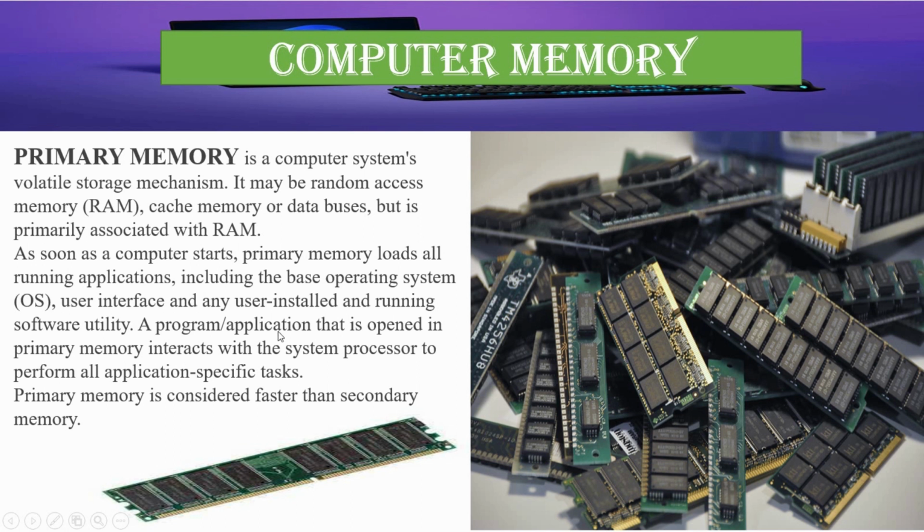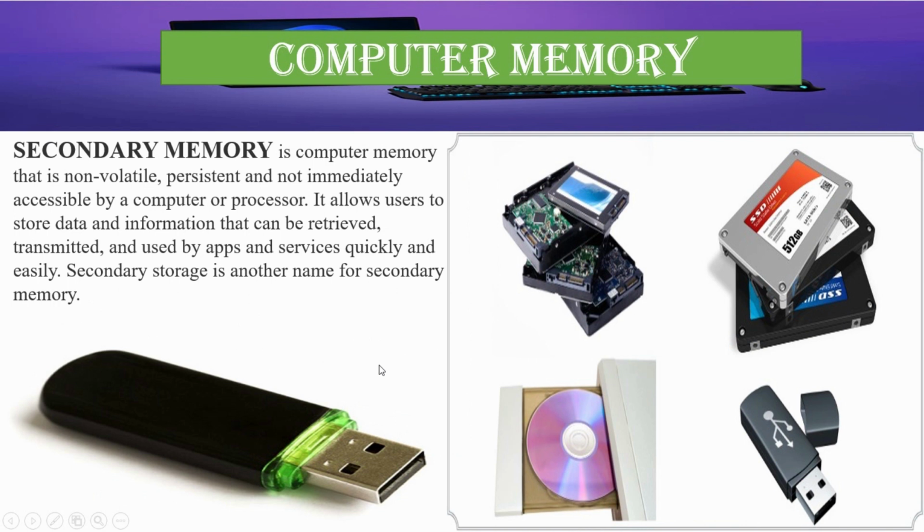A program or any application that is open in primary memory interacts with the system processor to perform all application-specific tasks. Primary memory is considered faster than secondary memory. These are examples of primary memories, which is RAM for desktops and for laptops.